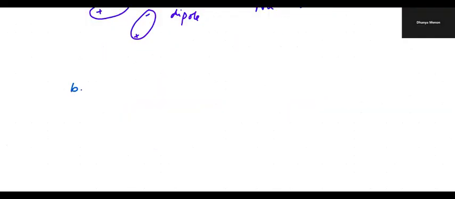Coming to the NH4, right? So there's a coordinate bond for ammonium. And this is surrounded by water molecules. So I have water. I'll use blue color for water. So oxygen, this is hydrogen.